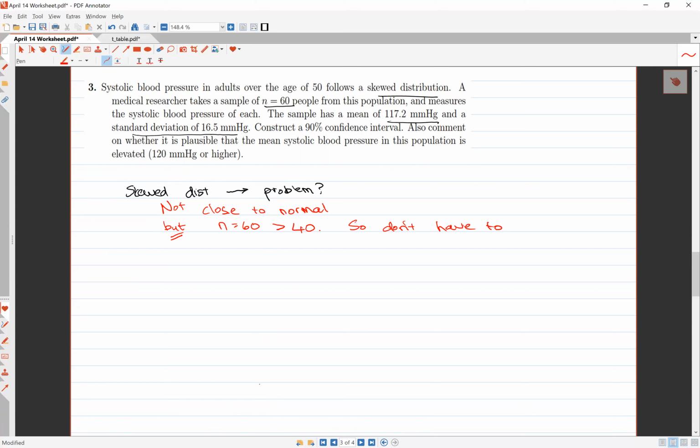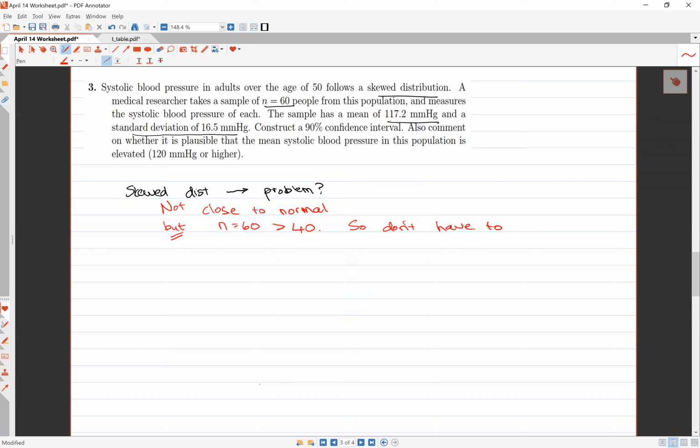And that's a criteria I got from the lecture from yesterday, where it says if your sample size is very small, like less than 10, normality is very important. If it's between 10 and 40, you are still hoping that your population is symmetric. But once you're past 40, in terms of your sample size, then the original shape of the population doesn't matter that much anymore.